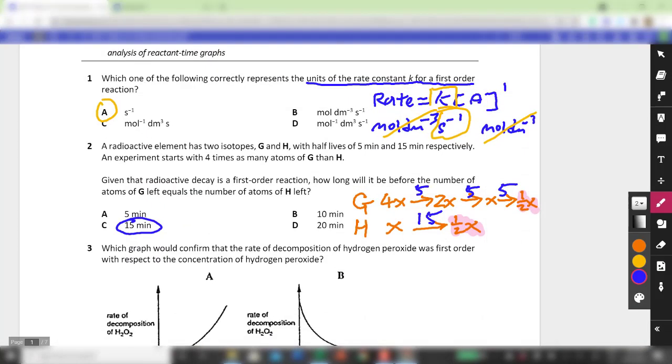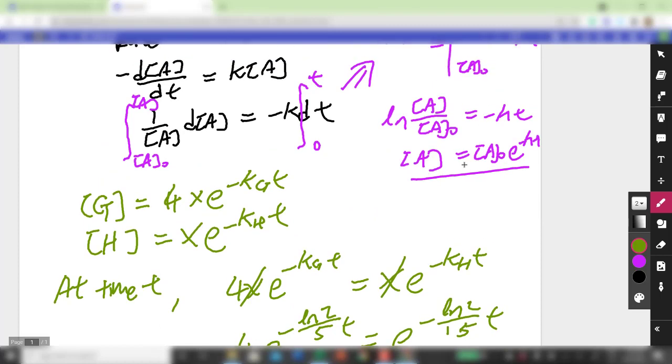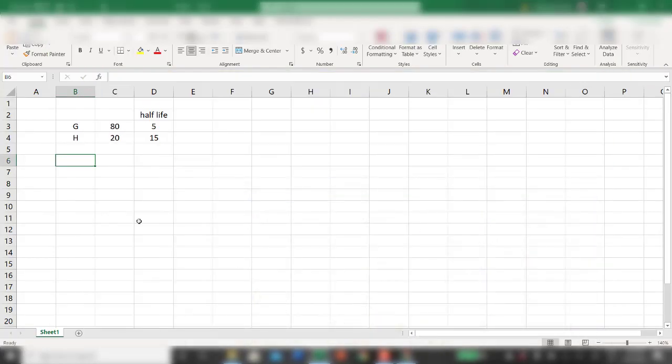So what kind of formula am I creating? Remember, earlier on we had this exponential decay formula. So I'm just going to create this formula to solve it for you to take a look. I think it will take a bit of time because I'm still trying to do this recording, so let me just try to do it fast.